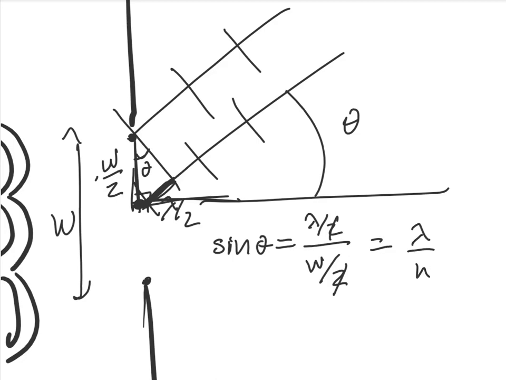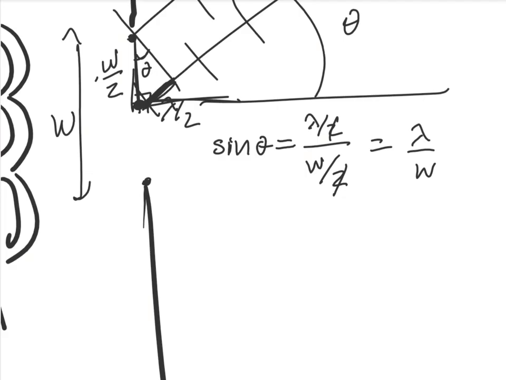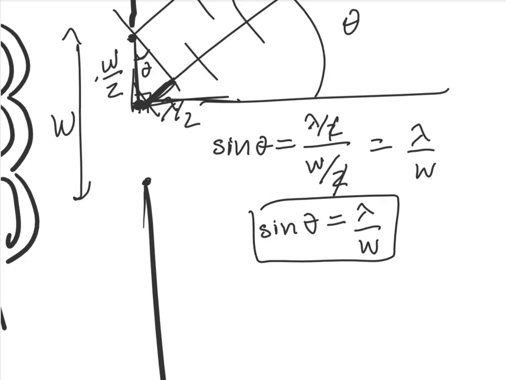The 2's cancel out, and we get our final expression, sine theta equals lambda over W for a single slit. Theta to the first null.